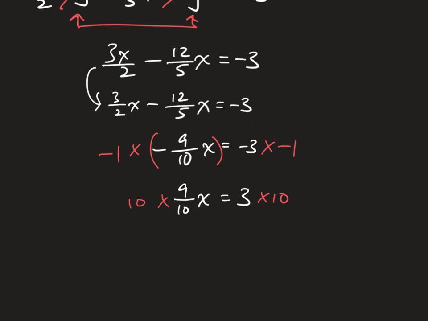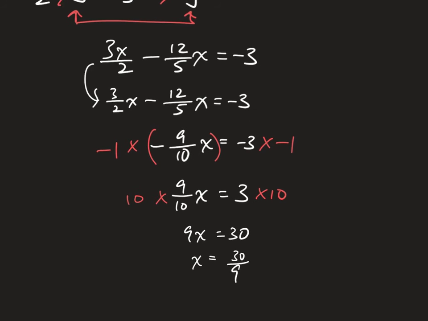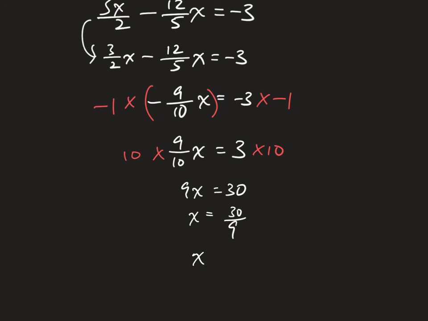That's how we get rid of the denominator. And we end up getting 9x equals 30. And x equals 30 divided by 9, which is simply 10 over 3.